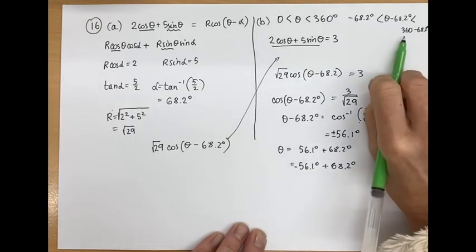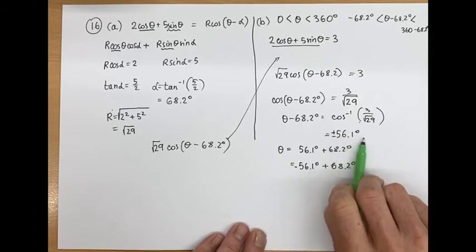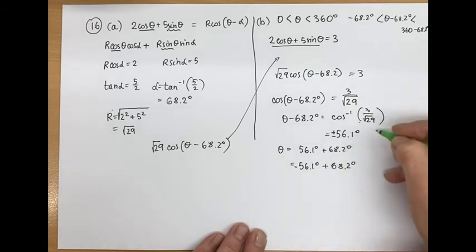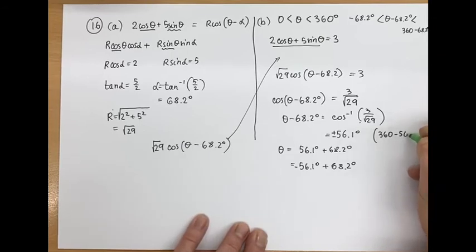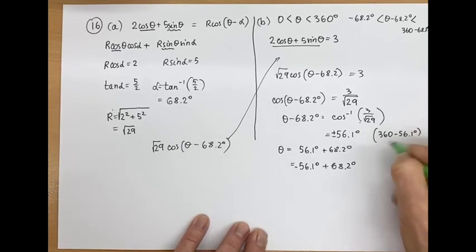If you did go for the one that's 360 minus 56.1, which is not wrong to do, just to demonstrate that it's not going to get you outside the range. So this is going to be 303.9.